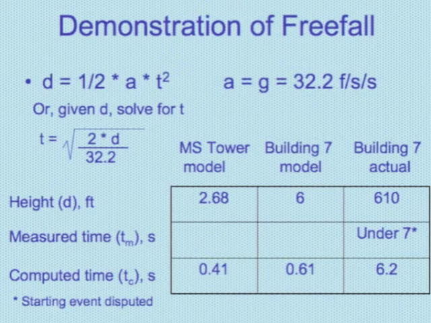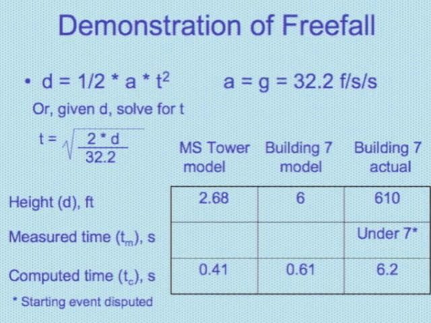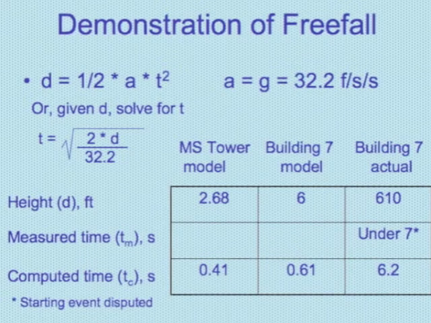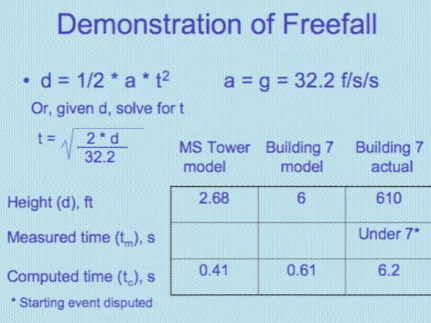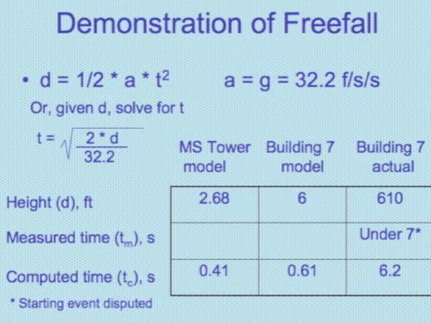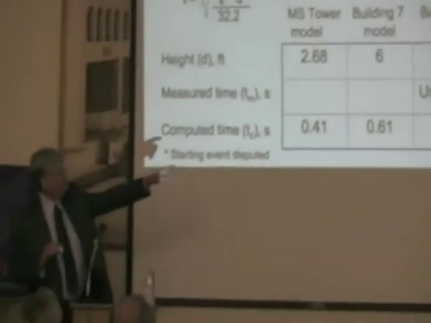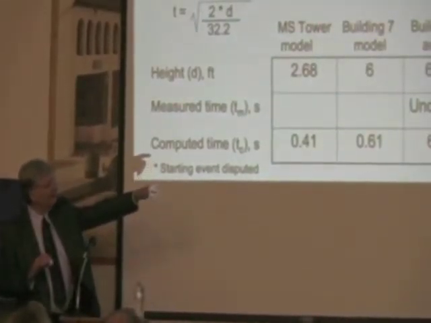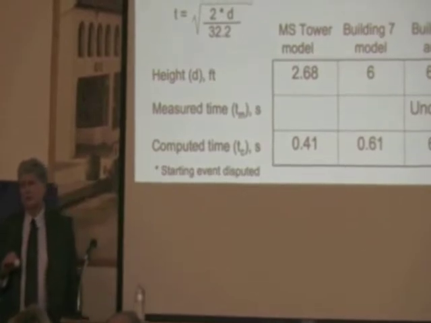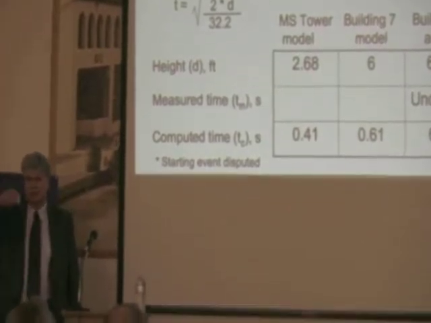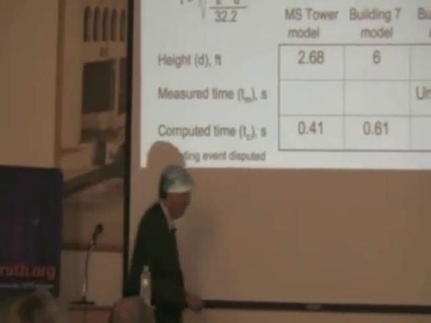I've computed it along the bottom, for the small building, the model that I will represent with myself, that's 6 feet, and then using the same equation for building 7 that was 610 feet tall. I shouldn't let you people with the stopwatches know what the answer is.